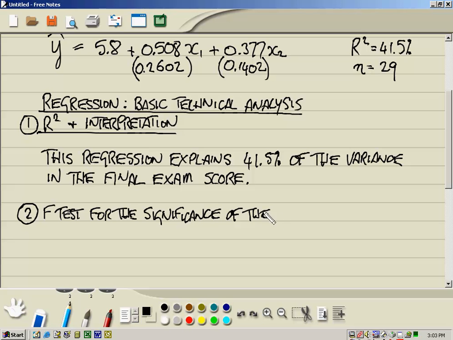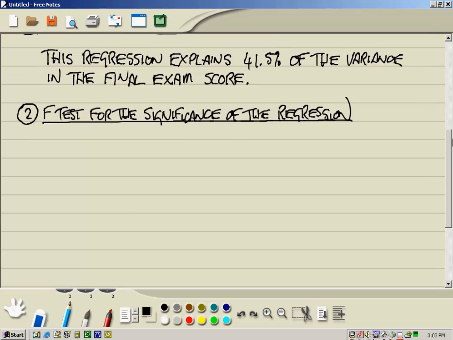There's the whole equation. Alright, and this goes the same way every time.